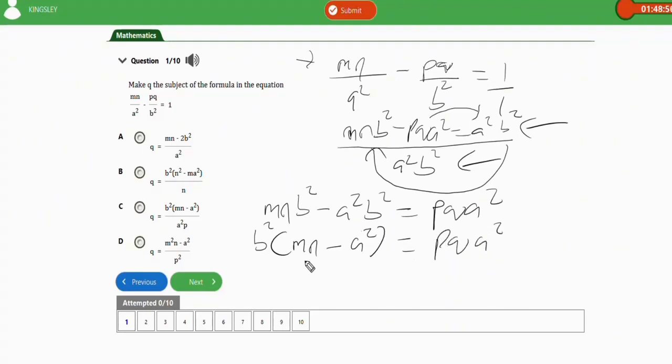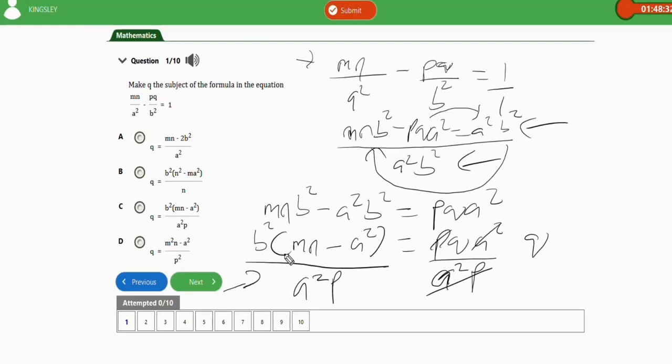So at this juncture, to make q the subject of the formula, divide both sides by a square p. So this will cancel p a square here. So our q will now be this, and this will be the answer to this question.